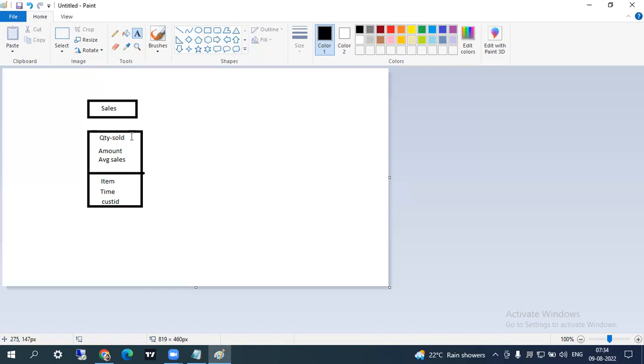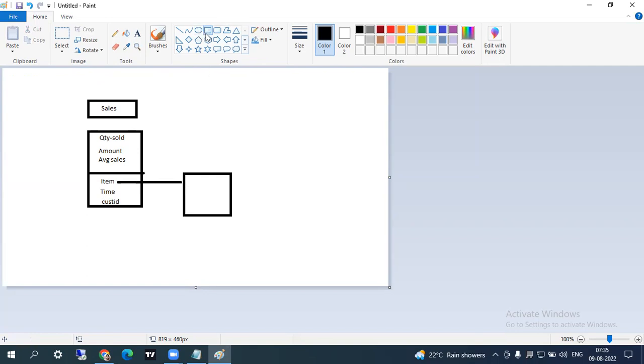So measures, whatever are captured, we say as facts, and the descriptive things which say something about your numbers of the business are dimensions. For this item, again, you will be having a different table. Here you can have the attributes like item name, brand, color and size.